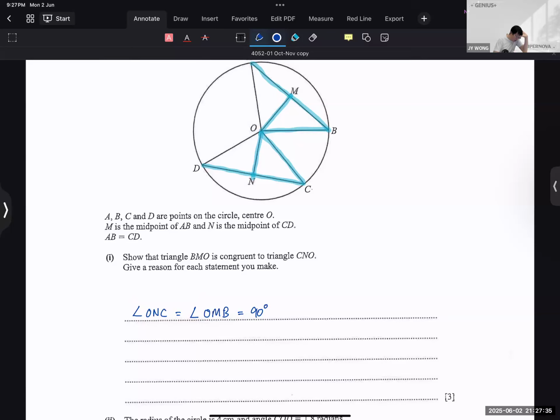Something like that, but not tangent. It's not a tangent. It's called a perpendicular bisector of chord. So this is your perpendicular bisector of equal chords.